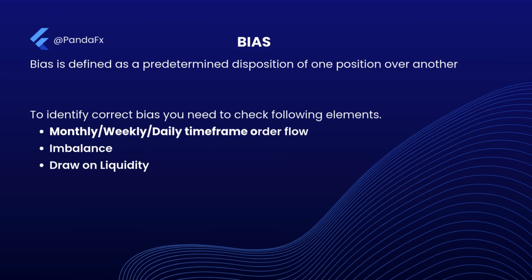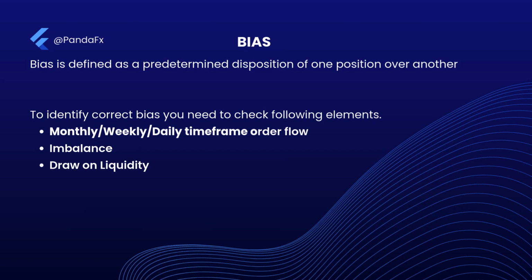So you have a bullish or a bearish bias. You can only have two biases: either a bullish bias or a bearish bias. Bullish bias in the sense that you are targeting this particular liquidity point or rebalancing this imbalance, or bearish bias targeting this particular liquidity point and also rebalancing an imbalance.